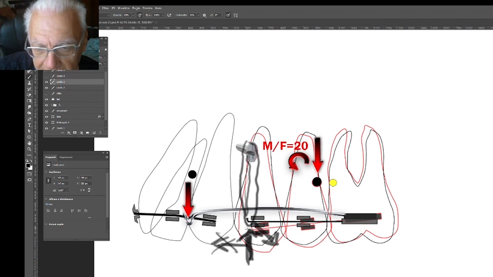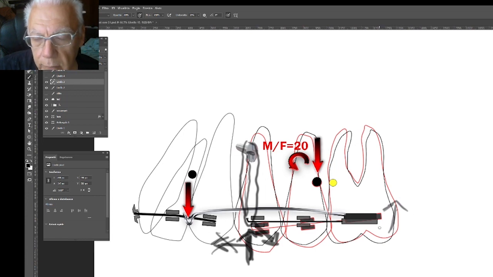And as a matter of fact, imagine that you don't have occlusion at all. What you would see is that you will have a force system that is blocking the extrusion, but is not blocking this movement.